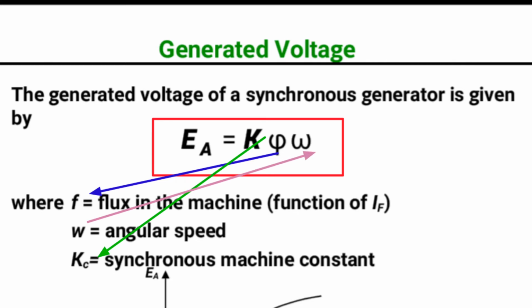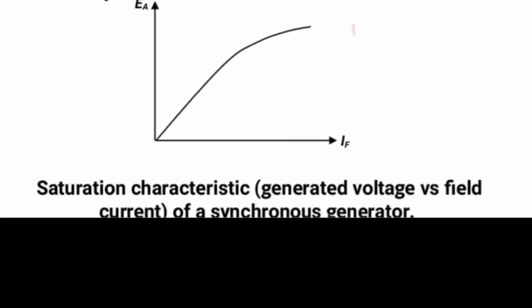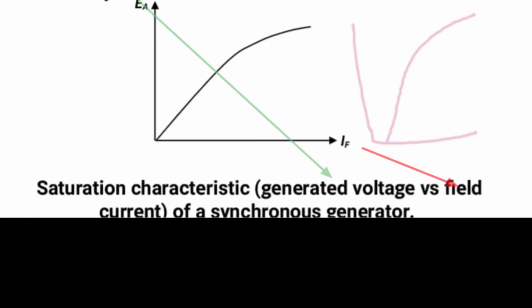10. The generated voltage of an alternator is given by E = K omega phi. Here phi is flux, omega is angular speed, and K is the machine constant. Here is the non-linear graph of field current and generated voltage or induced EMF.